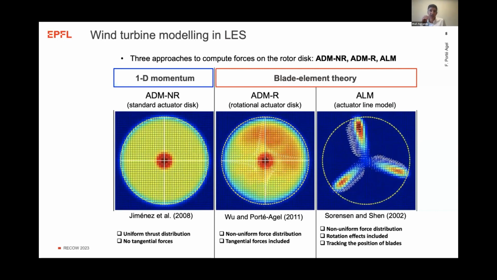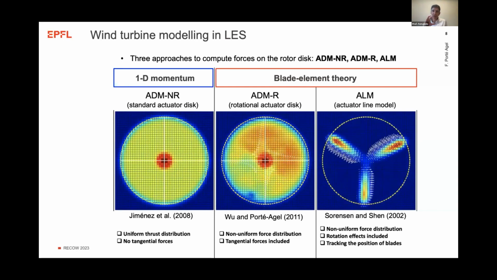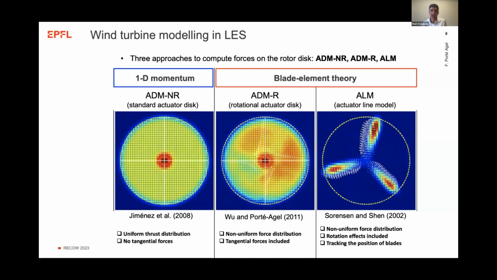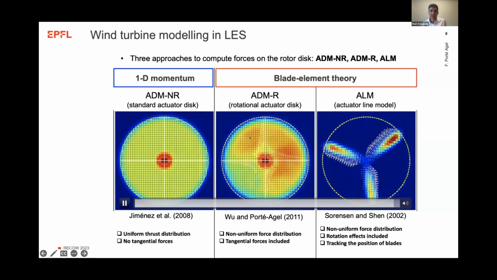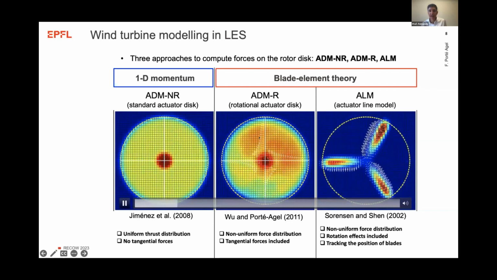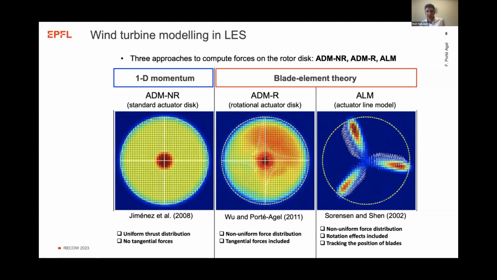In the rotational actuator disk model, what we find is a solution that allows us to obtain a non-uniform distribution of the forces, as you can see here. Here the forces, unlike here, are non-uniform. So you can see where the force will be higher, and also unsteady, but you don't need to track the position of the blades.